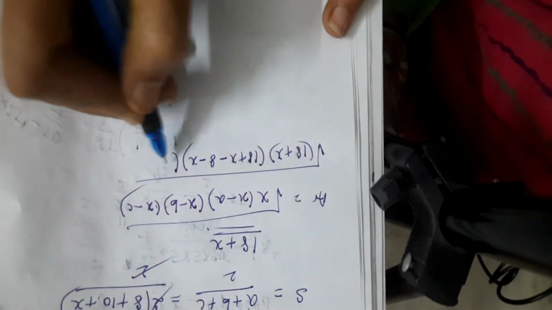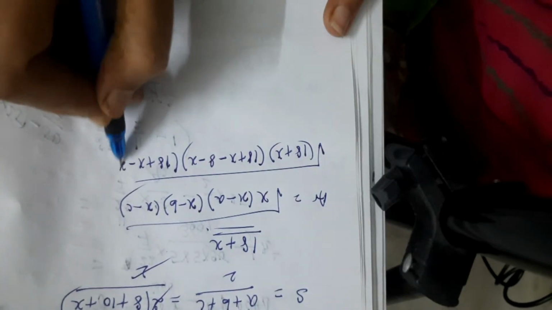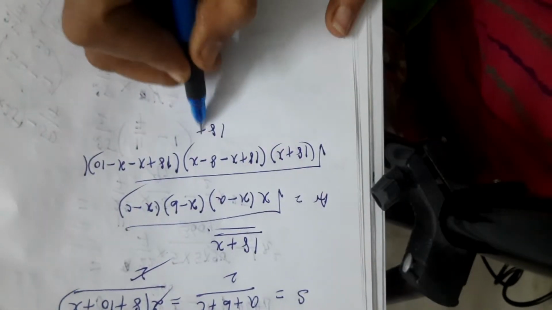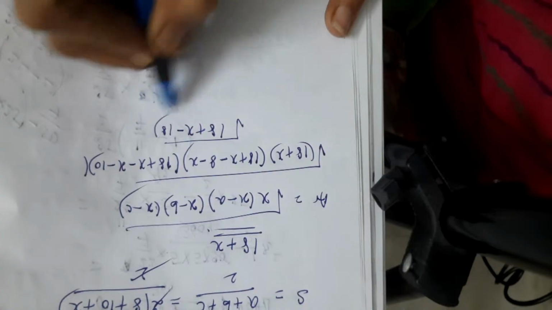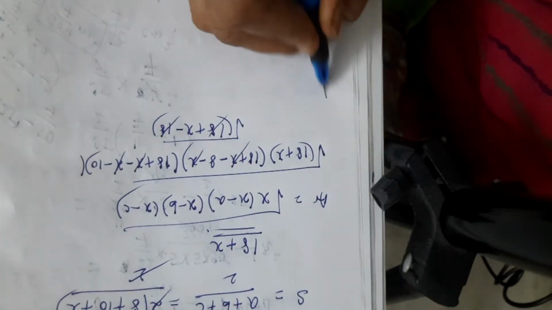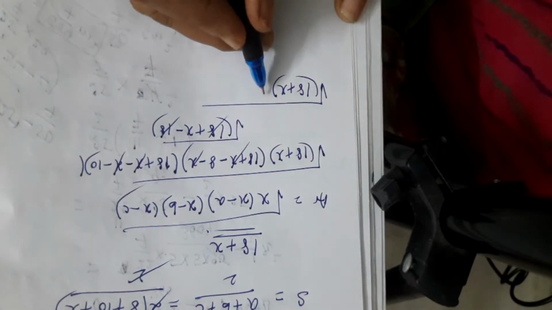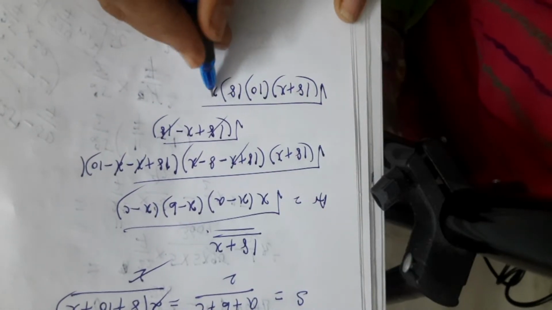So I am using directly for b, 18 plus x minus 10. And for the c part, 18 plus x minus 18. So 18 got cancelled, here x got cancelled. So finally it is 18 plus x, 18 minus 10 is 8, and then x.